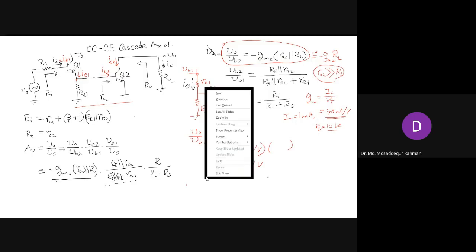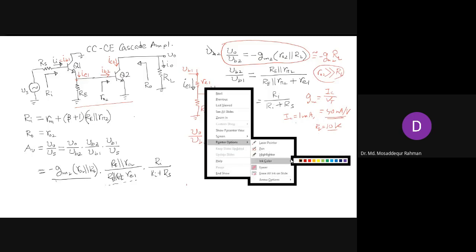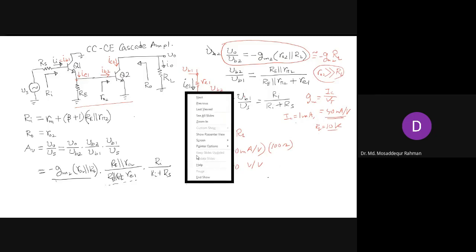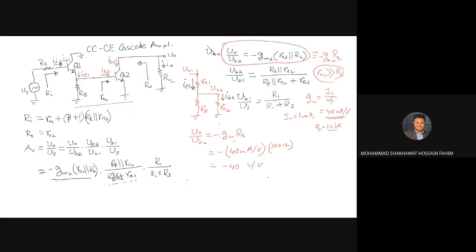Imagine an even lower RL, let's say just 100 ohm. So how much will be your gain? It will be 4. 100 ohm, if you convert to kilo ohm, is 0.1K, so that will be just 4.